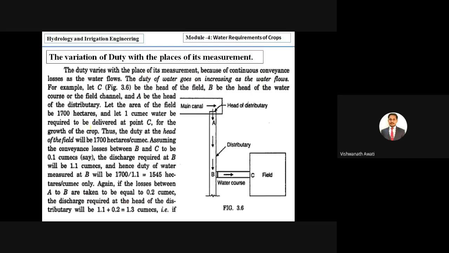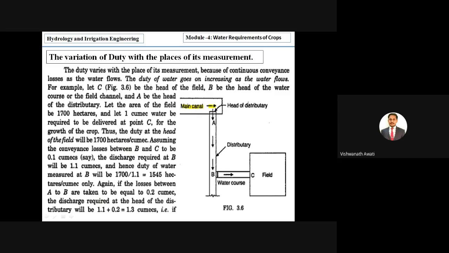Then we'll go for the next topic, the variation of duty with the places of its measurement. If I take an example, in the diagram they have given the main canal. After the head works, this is a distribution canal. You can see the arrows.